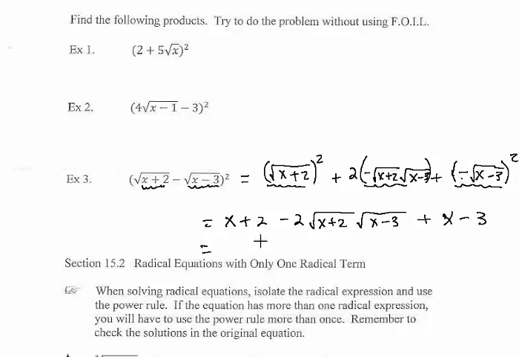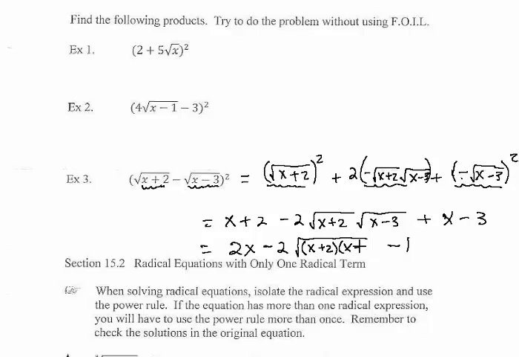So I have an x and an x, which gives me a 2x. I have a 2 and a negative 3, which gives me a minus 1 that I'll put right here on the end. Try to stick with some order for our terms. And then this middle term I will write as a negative 2, and I'll put these two expressions, x plus 2 and x minus 3, under the same square root symbol because they're both square roots and they're multiplied.